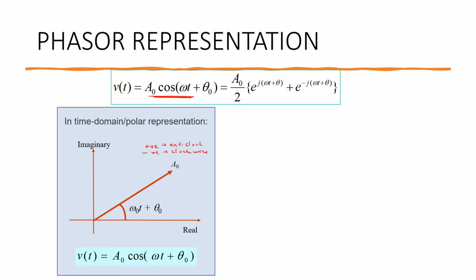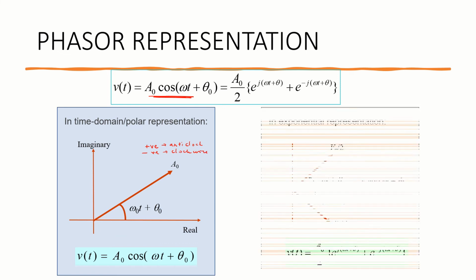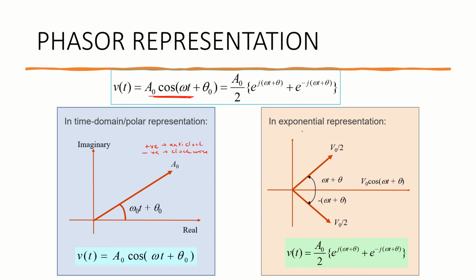So how about for exponential? For exponential, you're going to have both, on this side and on this side, because you're going to have the positive phase and the negative phase. This is the difference between the trigonometric function and the exponential function.